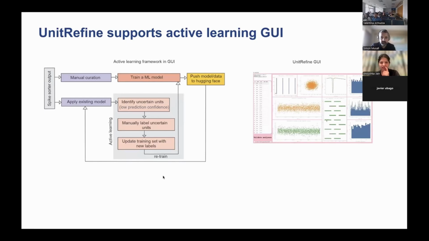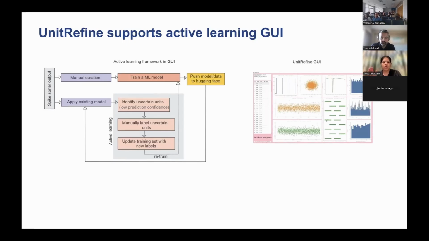The idea in that GUI is that it has an active learning framework. You would use the GUI and label a few sessions, and then you can train a model, and then you can push it to Hugging Face.